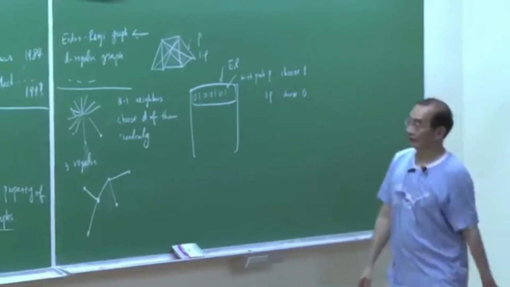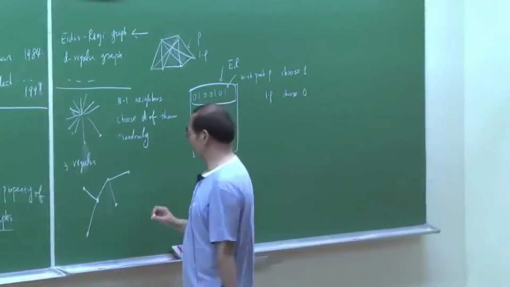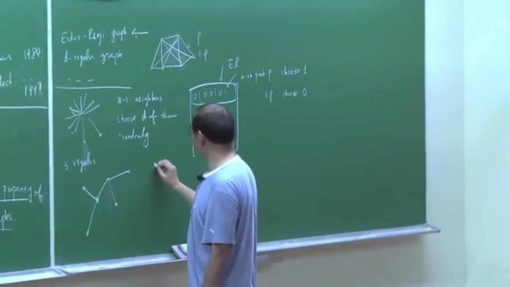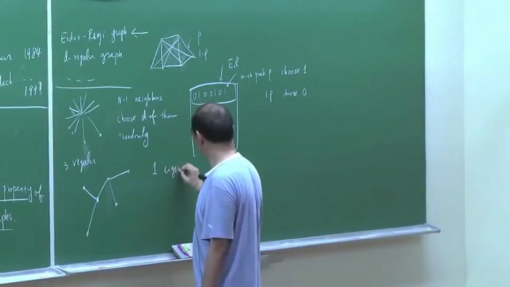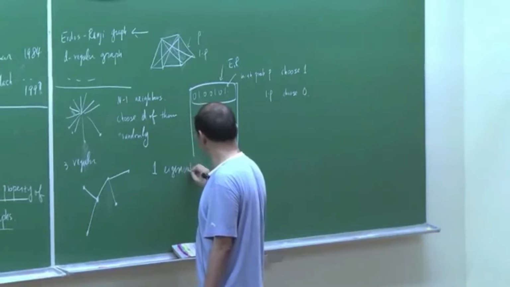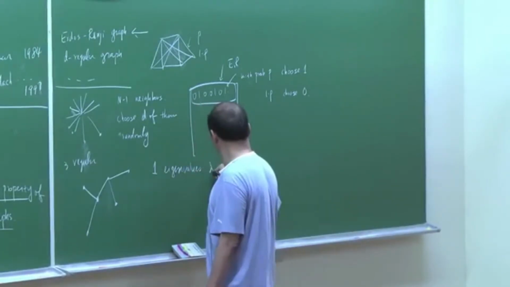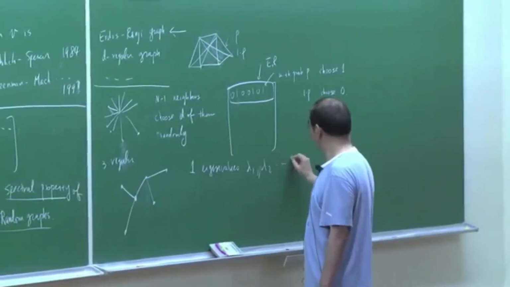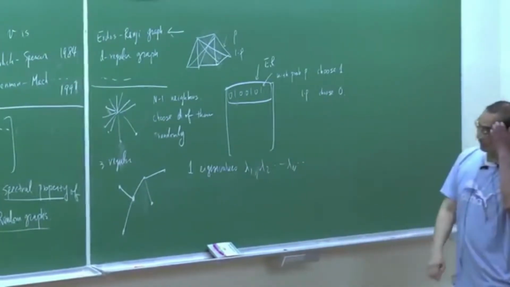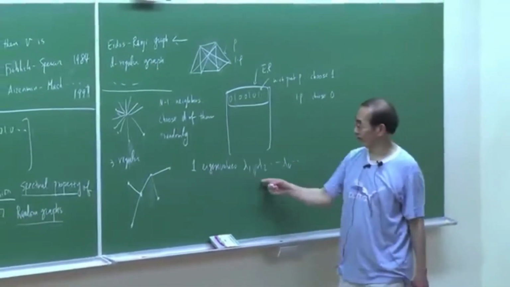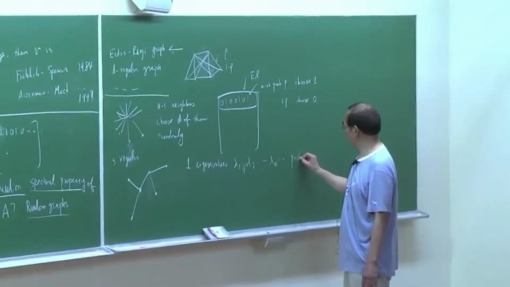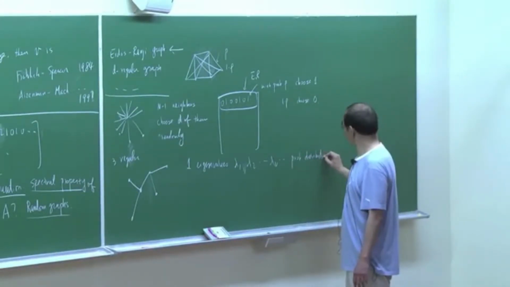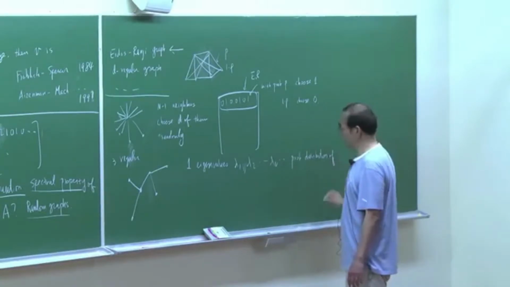Okay. So the question is the spectral property. There are 2 questions about spectral property. One is about eigenvalues. You look at the eigenvalues lambda 1, lambda 2, up to lambda n, and you want to know the probability distribution of these lambda.